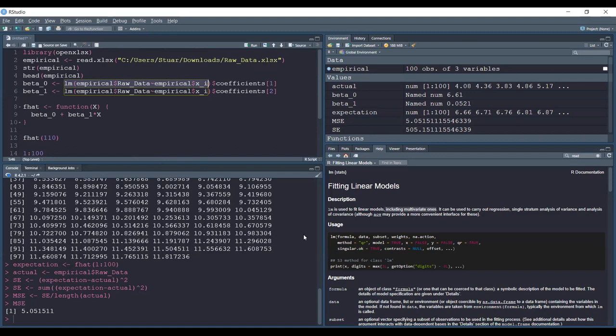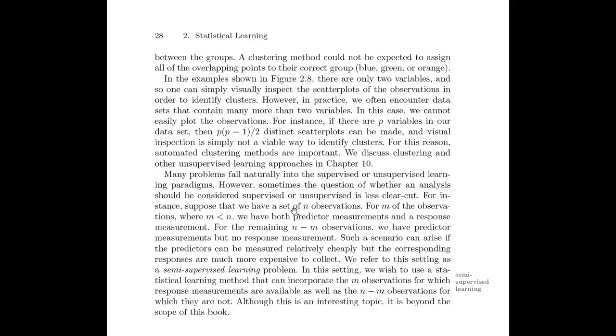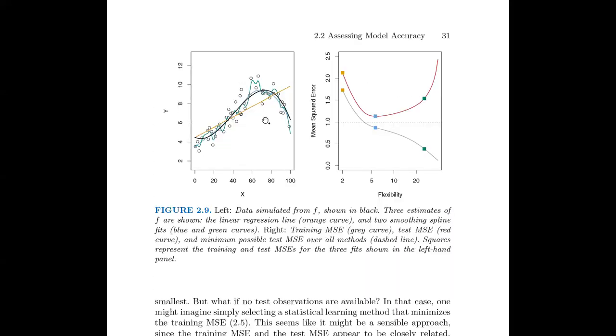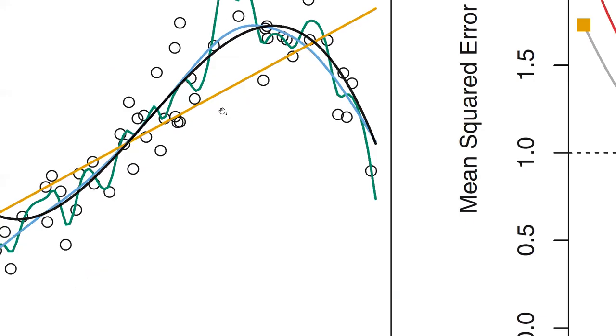So there's a strong relationship between the way we define mean squared error and the way we perform linear regression. Linear regression gives you the orange model.